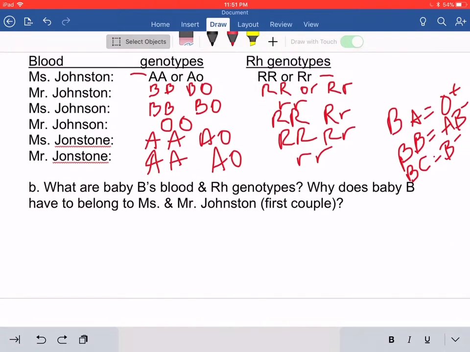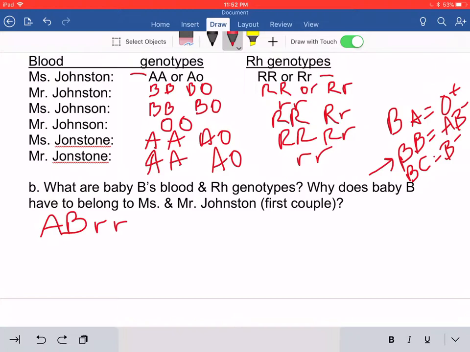What are baby B's blood and Rh genotype? So baby B is right here, and the genotype for the blood is going to have to be AB because she's AB. In terms of the Rh, she's negative, so it has to be homozygous recessive.